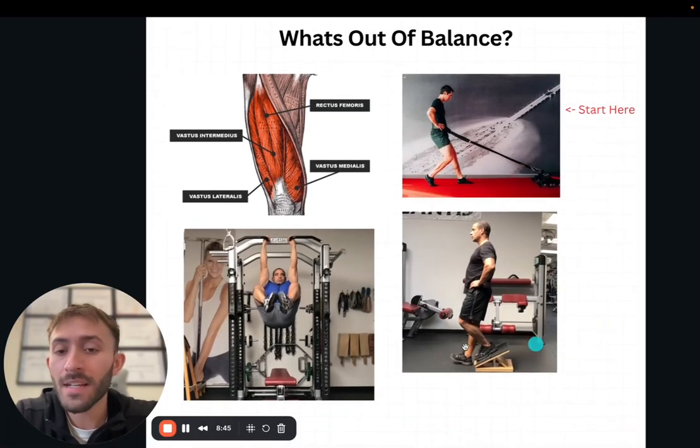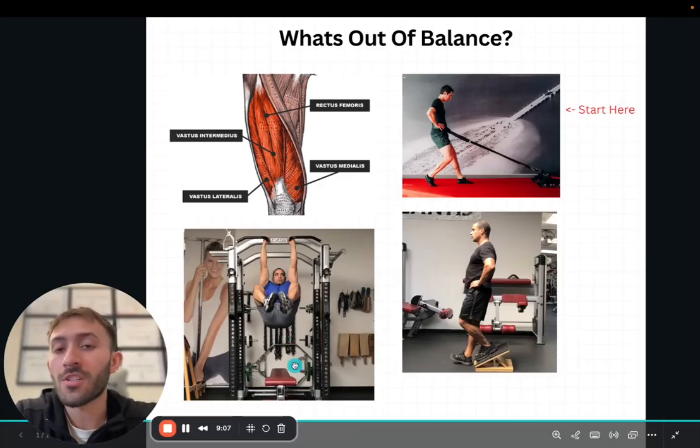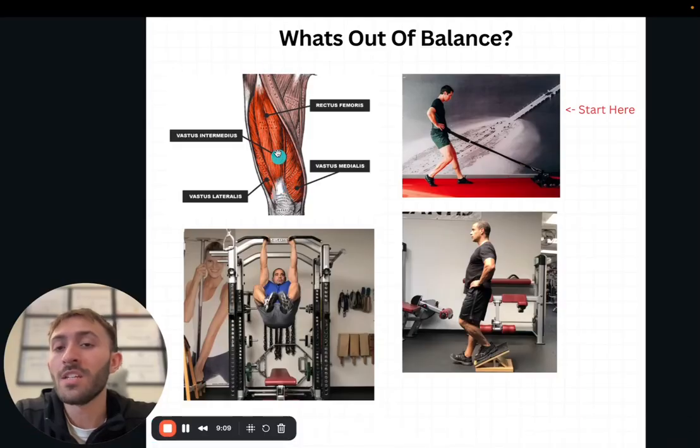And then next, finally, we need to talk about the rectus femoris, which is a very important muscle because it crosses two joints. It crosses the hip and it also crosses the knee. So main functions are hip flexion, but also knee extension. An exercise, the Gar hammer raise, is actually working on that rectus femoris, strengthening it, because if this muscle is tight and weak, it can start to pull up on the kneecap and create undue stress onto what's called the patellar tendon, which is the tendon right under the kneecap.